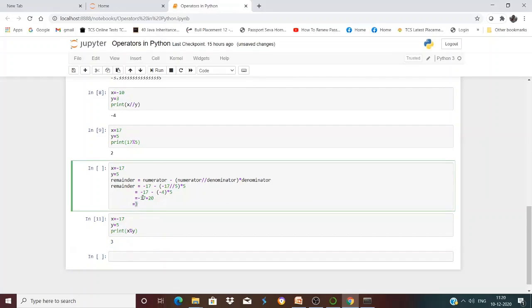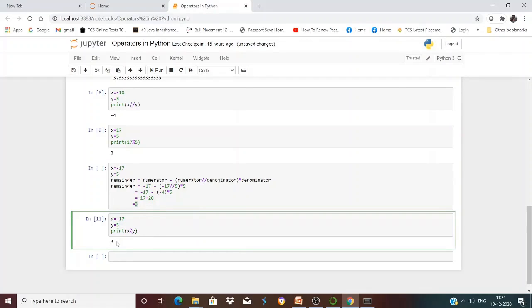So when the modulus operator is applied on a negative number, this is the rule that is followed. And one thing should be kept in mind, that the sign of the result or the remainder will always match the sign of the denominator. Here our denominator was 5, so the sign of the denominator was positive. That's why our remainder was also positive.